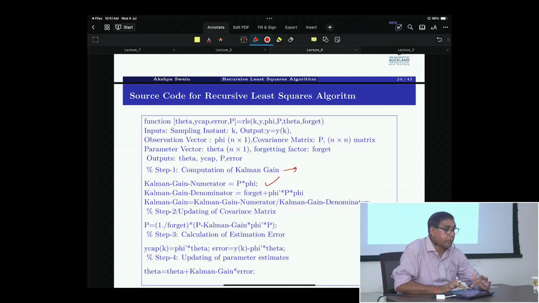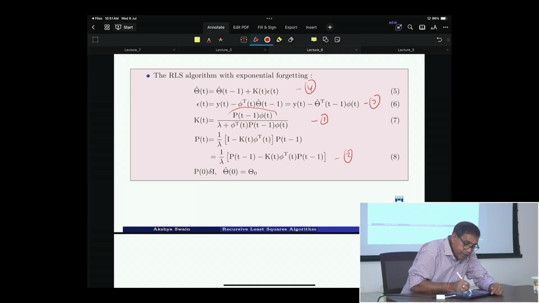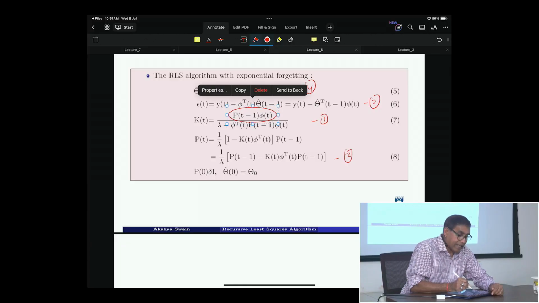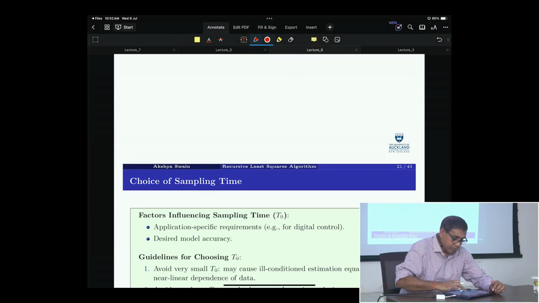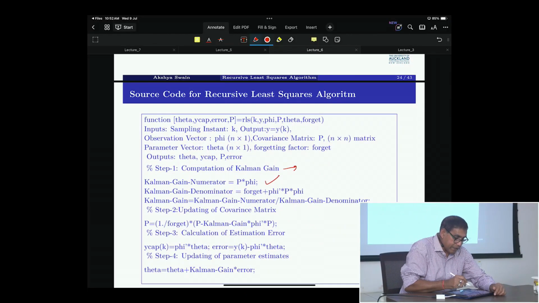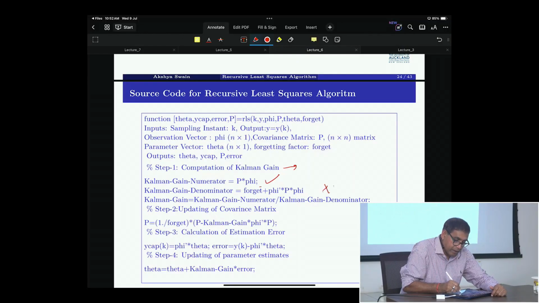Kalman gain denominator is equal to lambda, that is the forgetting factor, I will come to that point, plus phi transpose into p into phi. Clear?